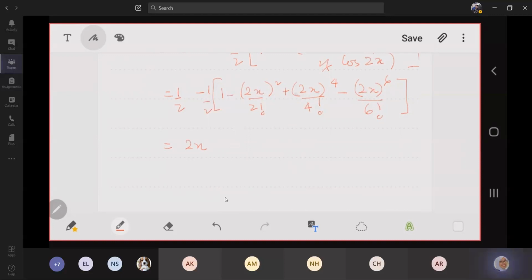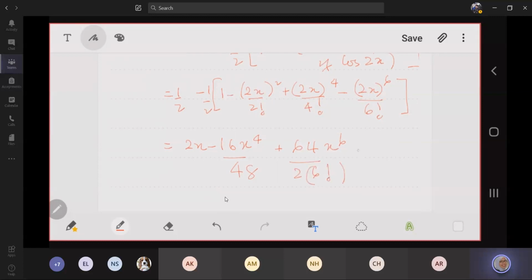Isn't it? And then minus, that one to the power of 6, 64 divided by 2 times 6 factorial.